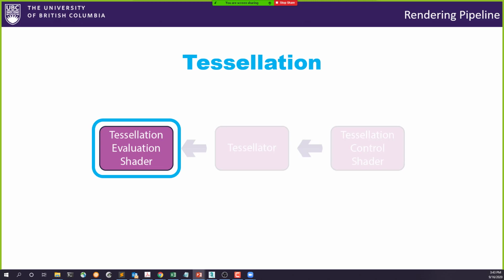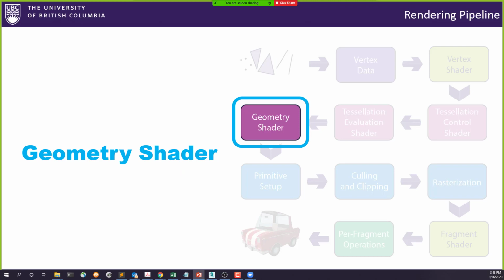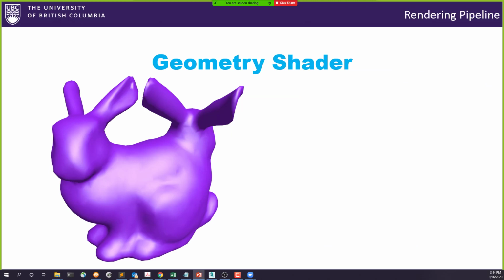And finally, for today, we have the geometry shader. This section can generate new geometry. The tessellation creates new geometry based on the actual geometry; it just subdivides the mesh. But the geometry shader can create totally new geometry depending on what you want. This is a very cool example.